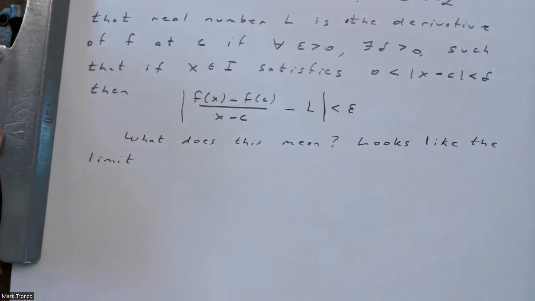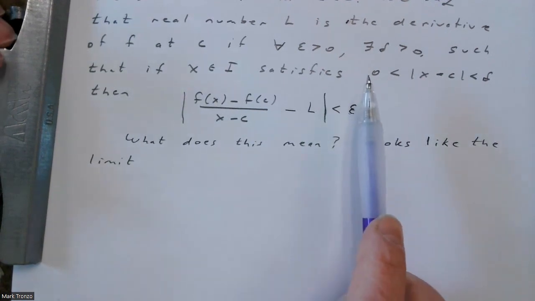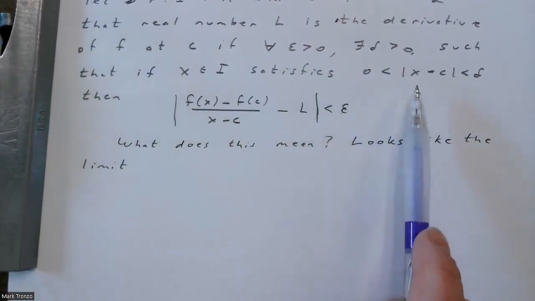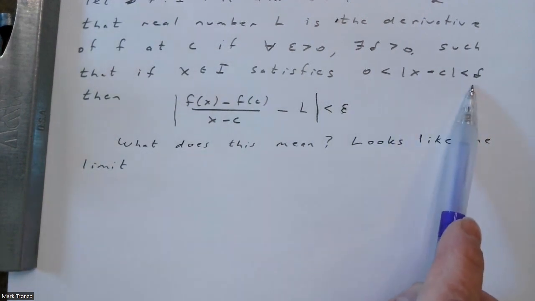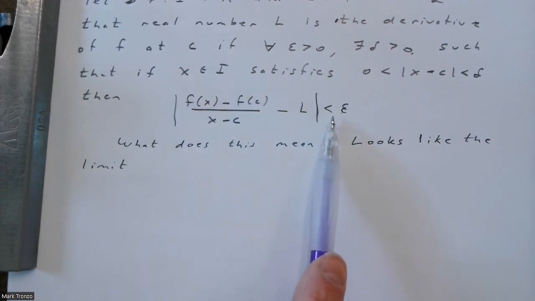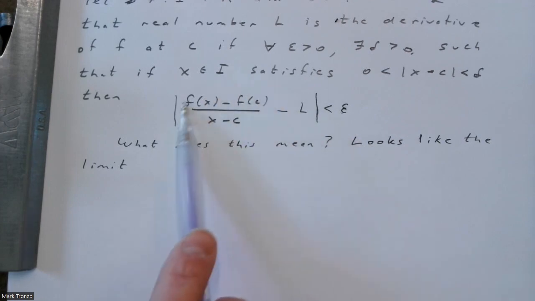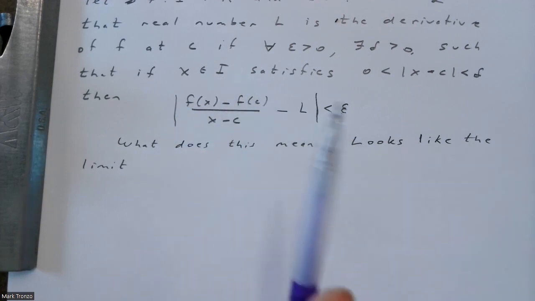Because remember, that's how we kind of defined the limit. Well, actually, we did define limit this way. If for all epsilon greater than 0, there's a delta such that if you're within delta of that C, then this thing minus L will be less than epsilon. Now, before we had just a function over here. Now we have something more extensive, but it's the same idea.